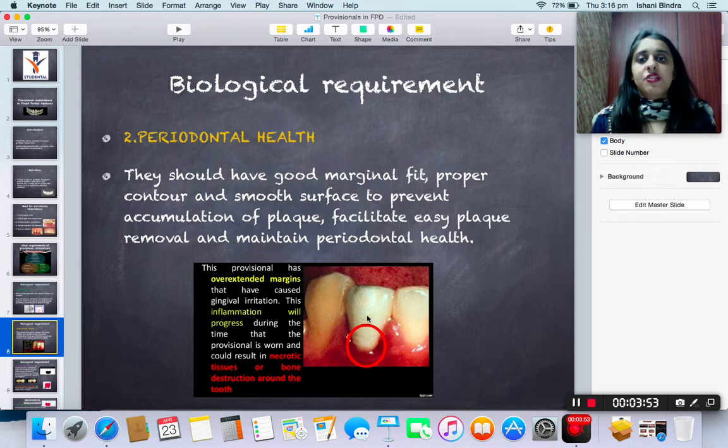So any provisional restoration should have good marginal fit, proper contour and smooth surface so that there is no accumulation of plaque on the surface of the provisional restoration, as well as facilitate easy plaque removal and thus maintain the periodontal health.